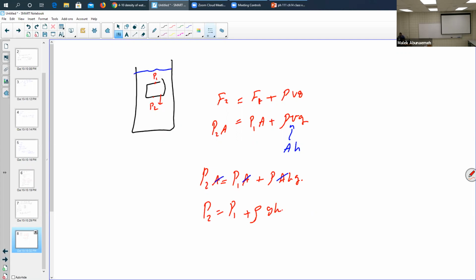That means your delta P, which is the difference in your pressure, is going to equal rho gh. Now, your atmospheric pressure is 1.01 times 10 to the 5th pascals. Your water density is 1 times 10 to the 3rd, 1,000 kilograms per meter cubed.